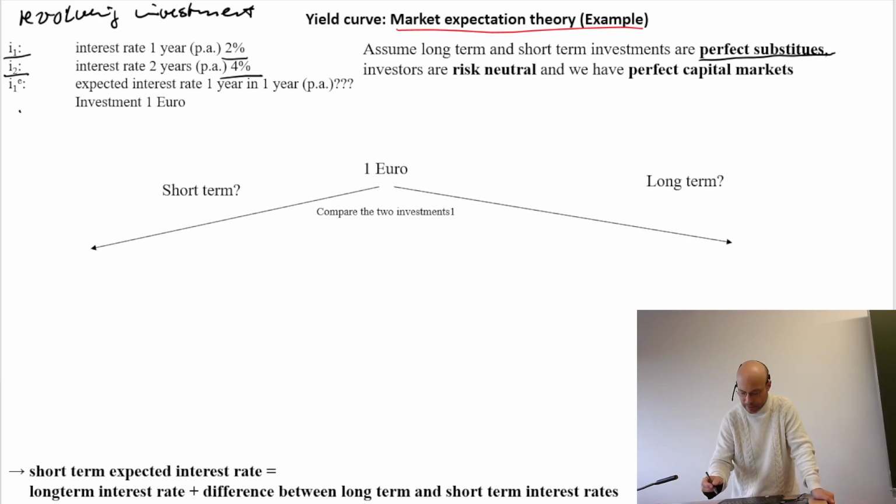And the second one is that I'm risk neutral. And what does risk neutrality mean in this case? Well, of course, we can think of giving my money for 2, 3, 4, or 5 years to some other person or to a bank. Then, of course, I think about the case that tomorrow this bank won't be there anymore. I made you this short video about bank runs. This was the main assumption, that people think that tomorrow the bank is not there anymore and I don't get my money back.